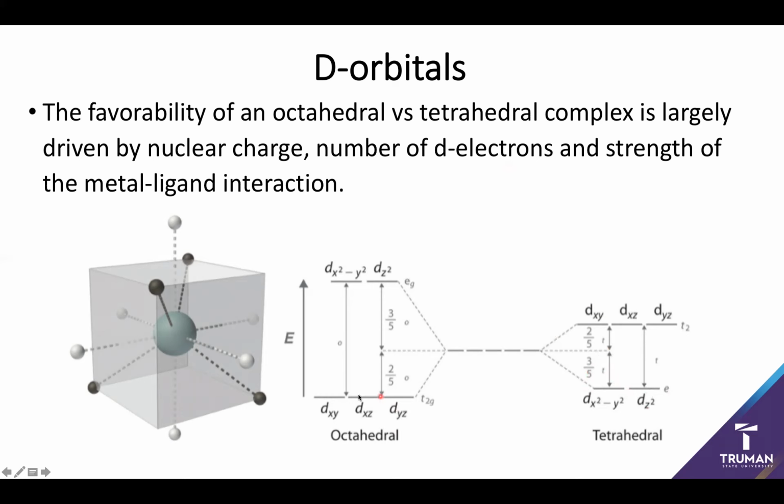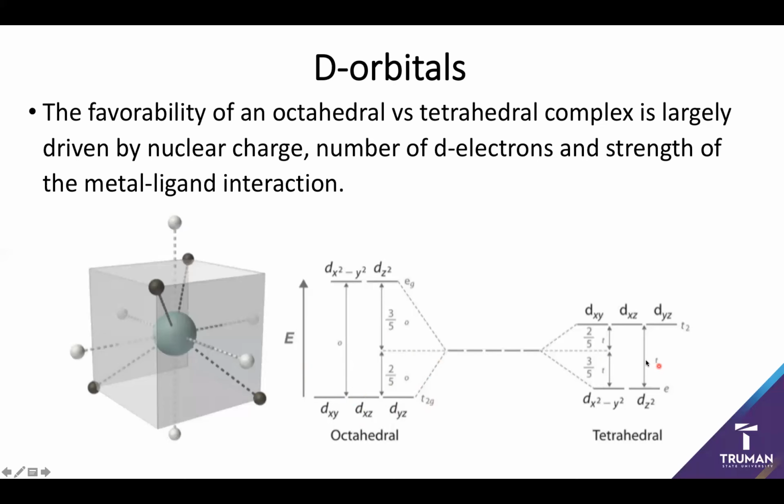Whereas as I increase the number of electrons to get to the point of iron, where I have 6 electrons, we tend to favor octahedral complexes. You also may notice early in the semester, I told you that having 6 electrons was actually fairly favored for metallic complexes. And this octahedral binding coordination is one of the reasons why, that 6 electrons can often be more highly favored than a simple 5.